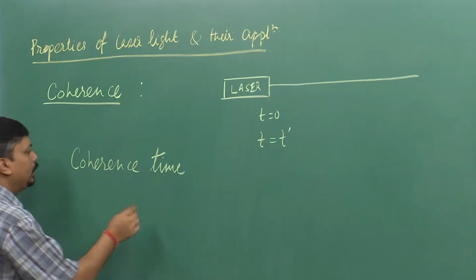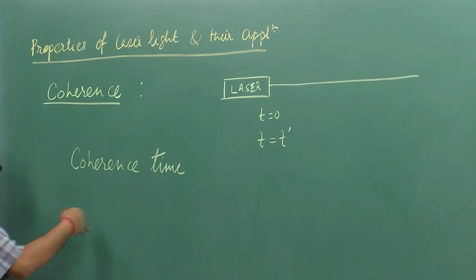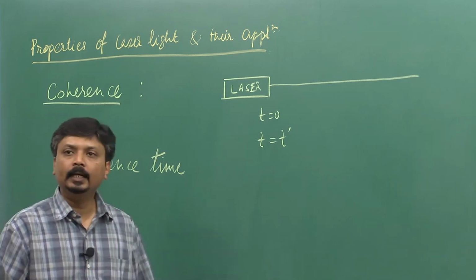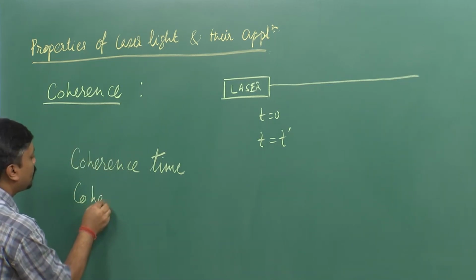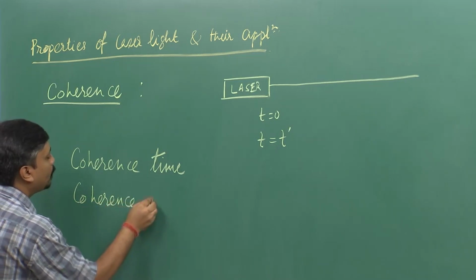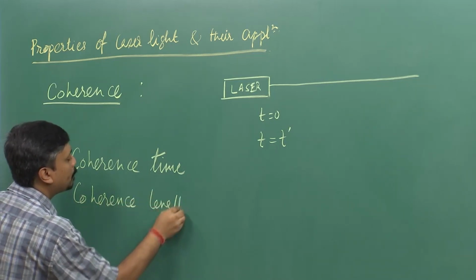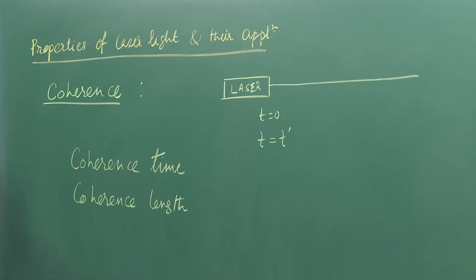So is there a coherence time? And related to that, I can also ask, is there a coherence length? So we will see what are these two. So what is coherence length and what is coherence time?